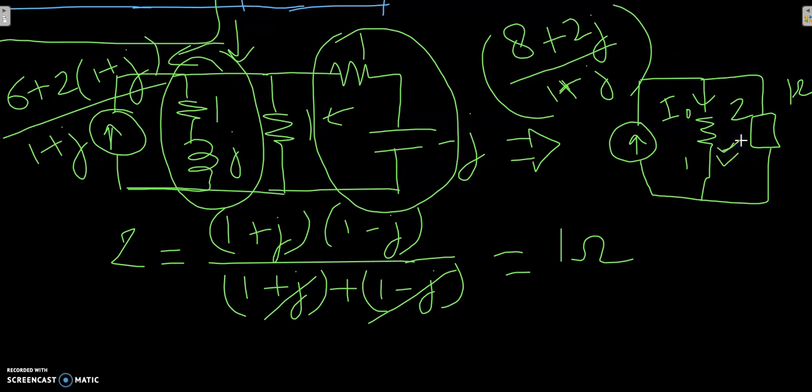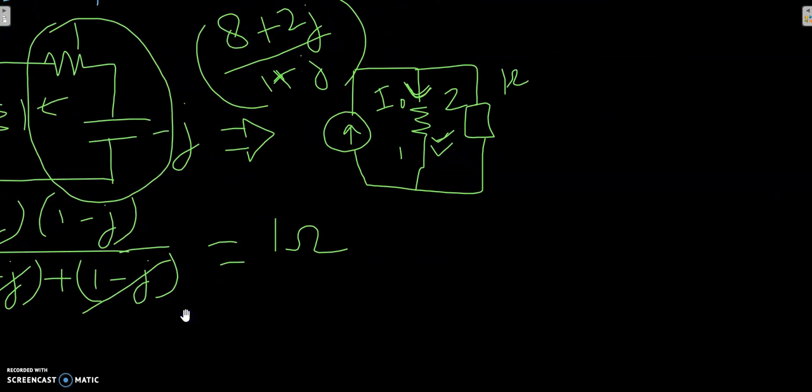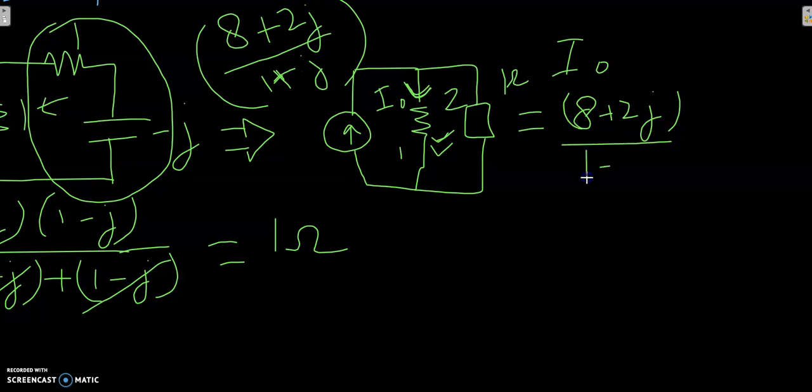How? By the current division rule. So the current that will flow through this, I naught, will be equal to the current source, this I, which is 8 plus 2j divided by 1 plus j, times the impedance Z, which is 1, divided by the impedance of these two.